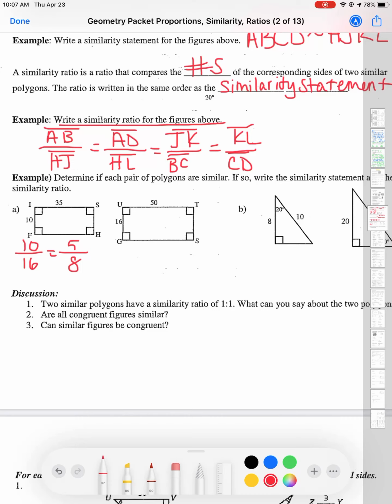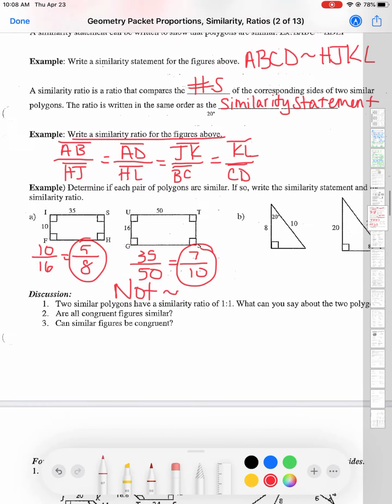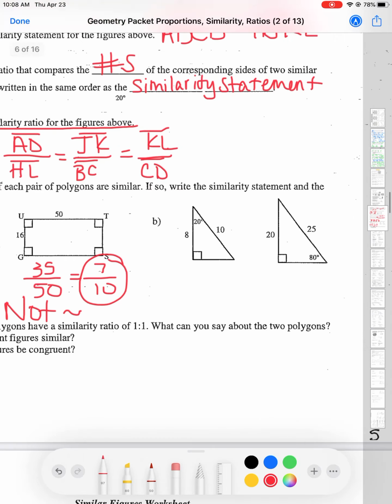So we just need to check whether 35 over 50 would give us that same result. So 35 over 50, if we divide by 5, would give us 7 over 10, which is not the same fraction. 5 over 8 is not equal to 7 over 10, so these are not similar.